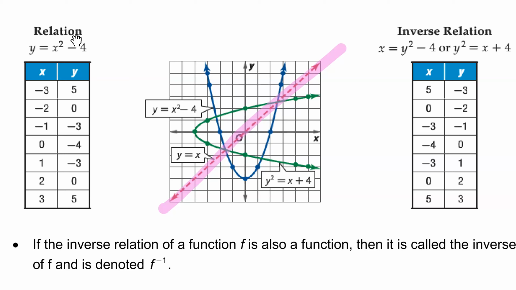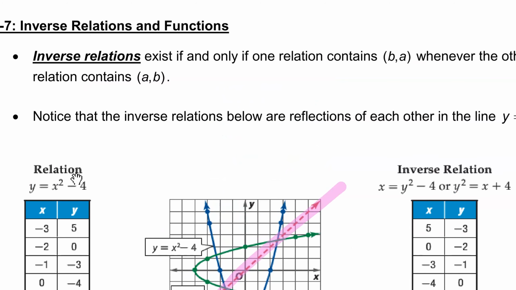So if I have my head so that this is flat right here, you see how the blue, if I flip it across this axis, it turns into the green? So that's what an inverse function is. Notice, an inverse function has to be a function. It should pass the vertical line test if we're going to call it an inverse function. That's what we call an inverse relation until we say it passes the horizontal line test.